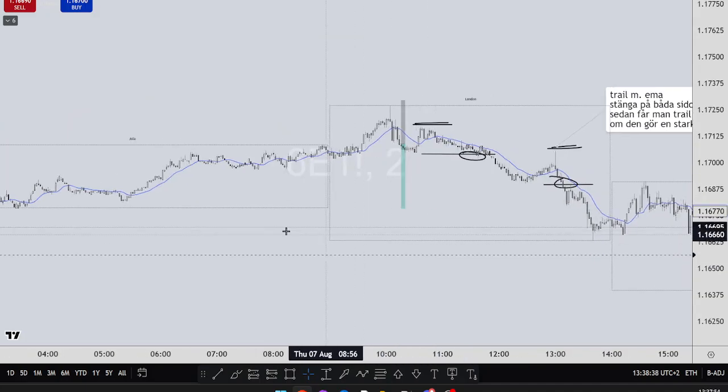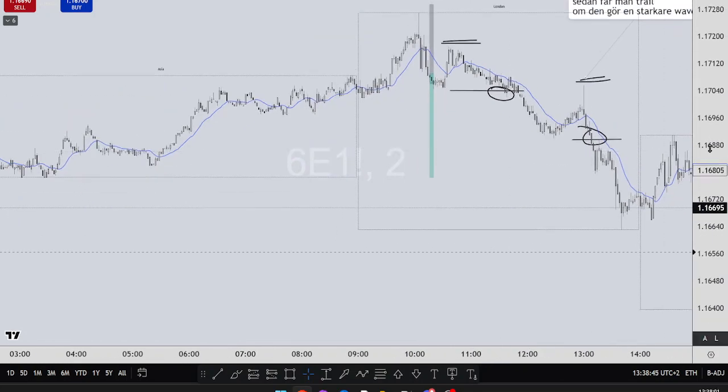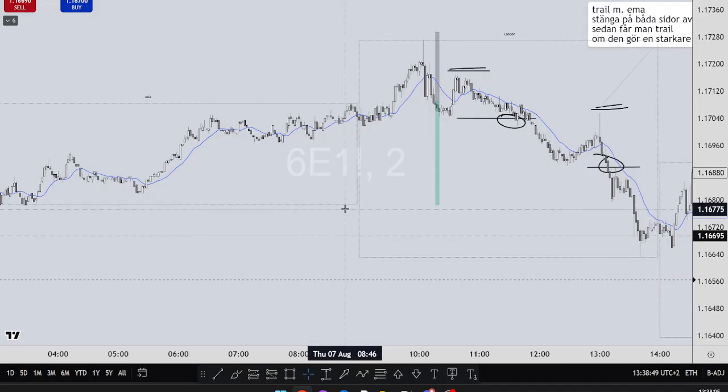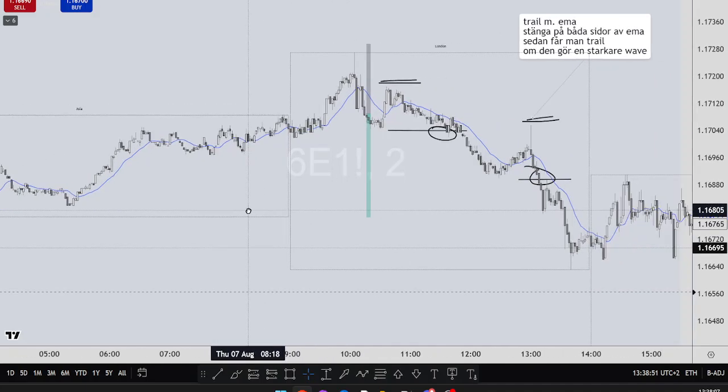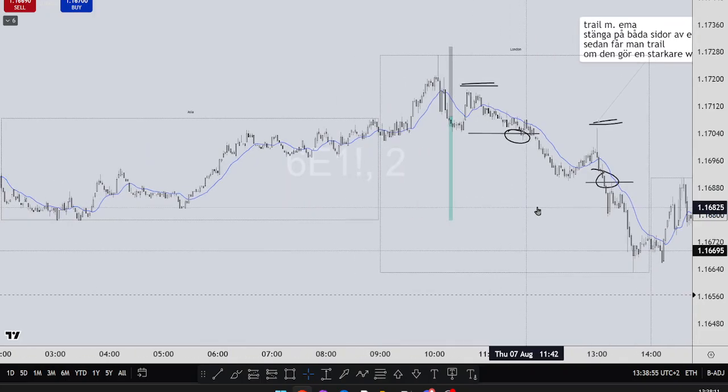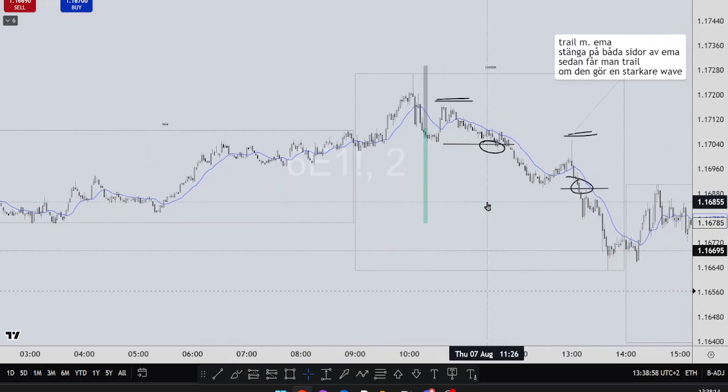But for now, I'm just targeting the previous session, this level. With the Apex account I cannot partial because it wouldn't make sense mathematically. On some of my FX accounts there's not an issue.